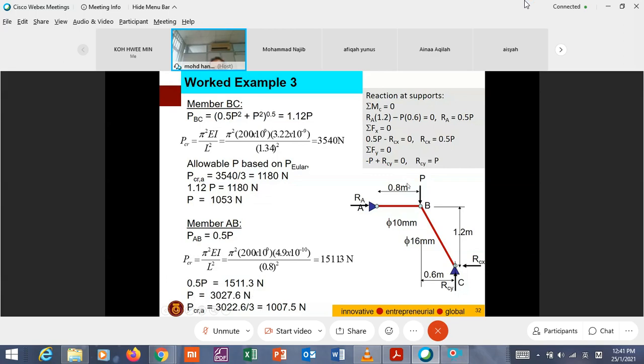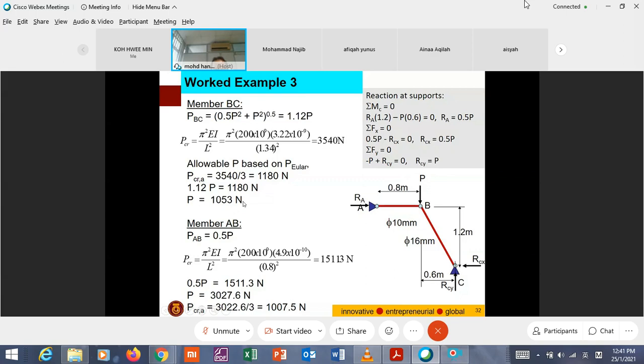Which means here, the allowable P when we consider buckling of BC is 1053. And the allowable load of P when we consider AB is actually only 1007.